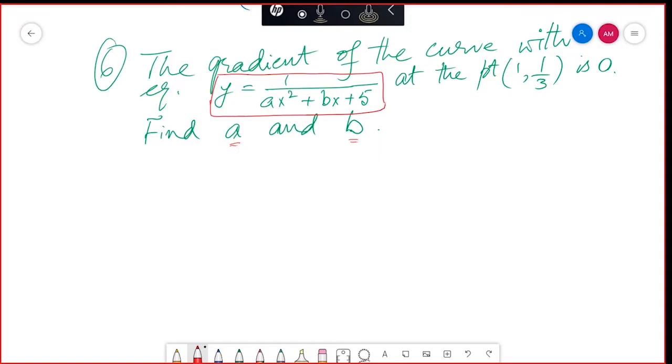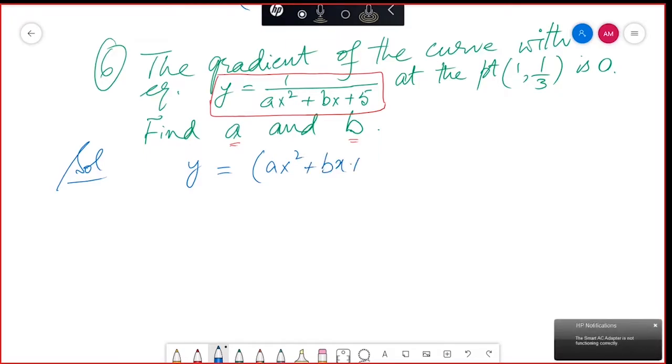We have y, and we put y is equal to bx plus 5 to the power minus 1. I find it easy if we put it like this. And then we differentiate y bar.